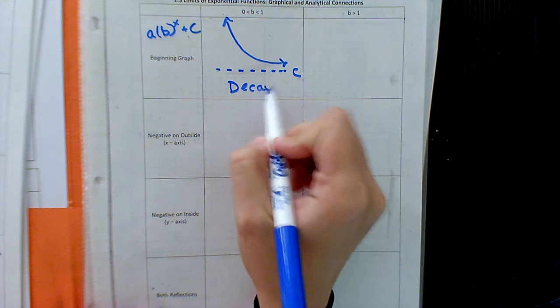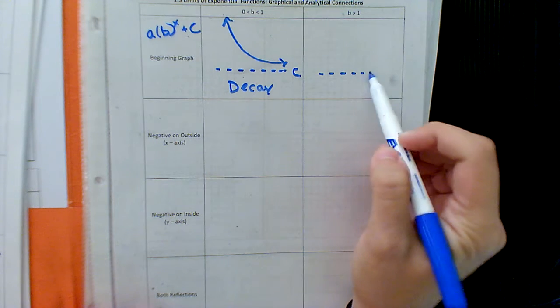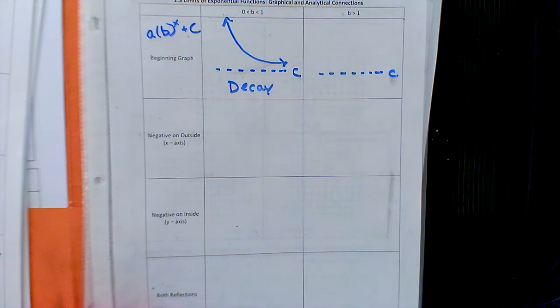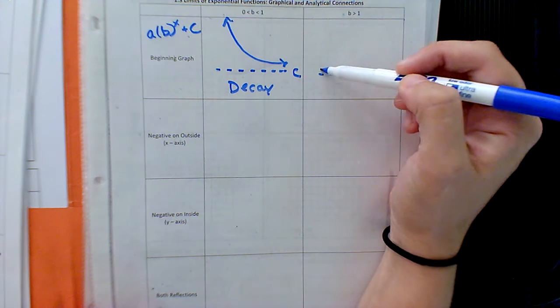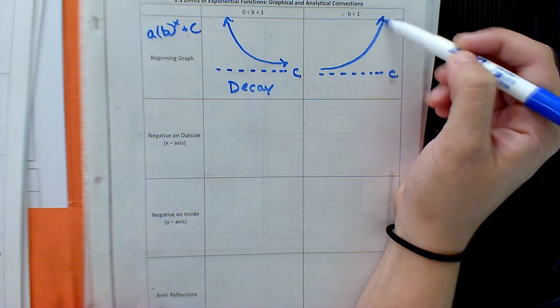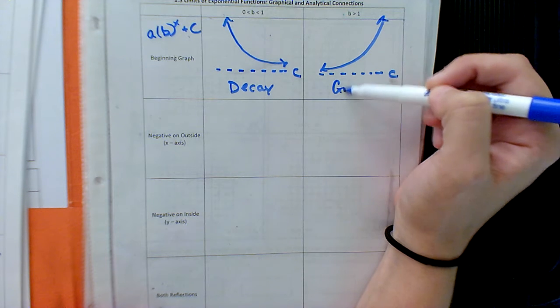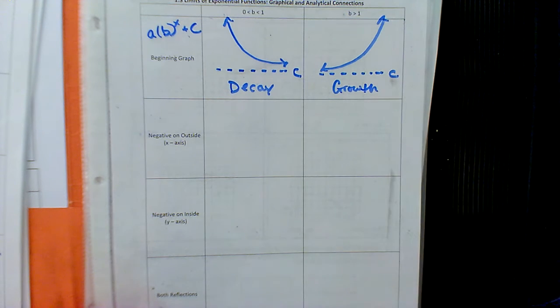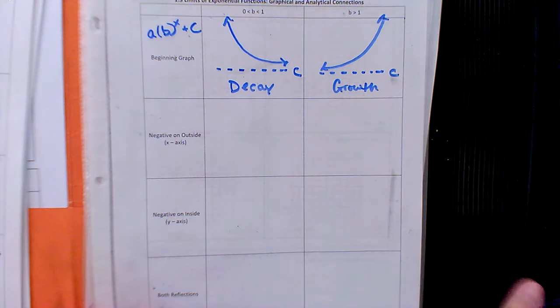So as you read a graph from left to right, it goes towards the asymptote. What if the base is bigger than 1? Growth. So as we go to the right, the graph goes up. All right, those are basic beginning exponential graphs.